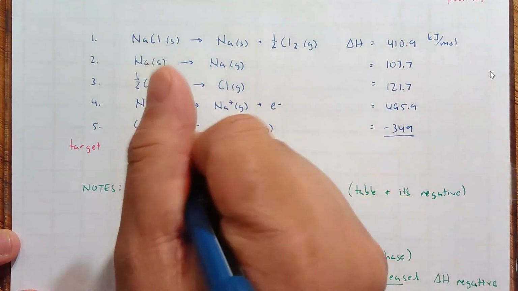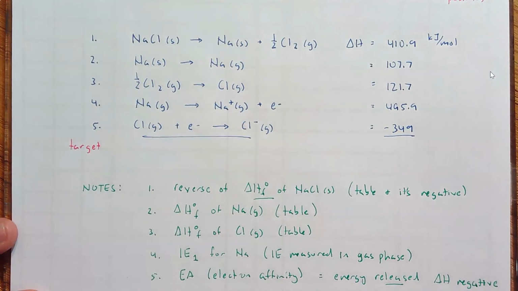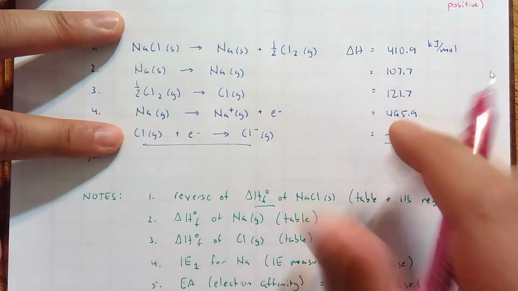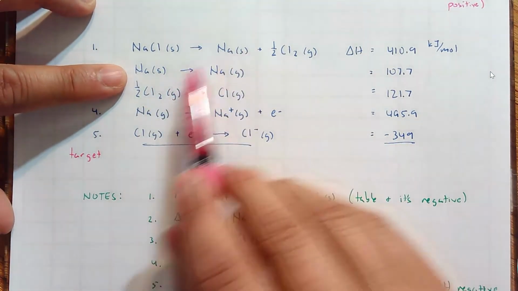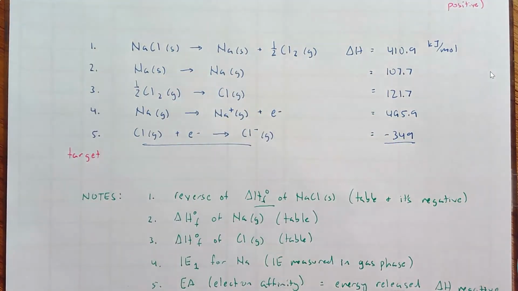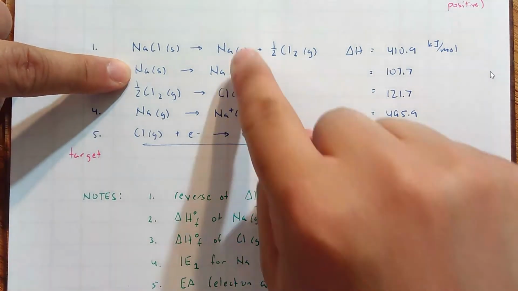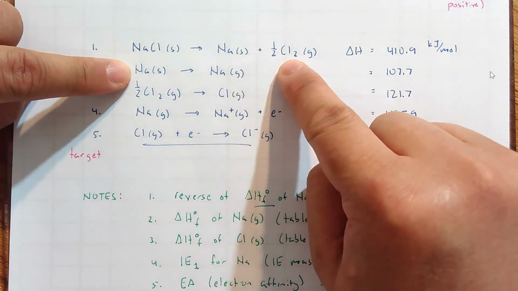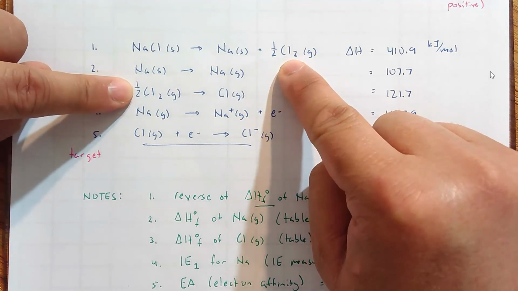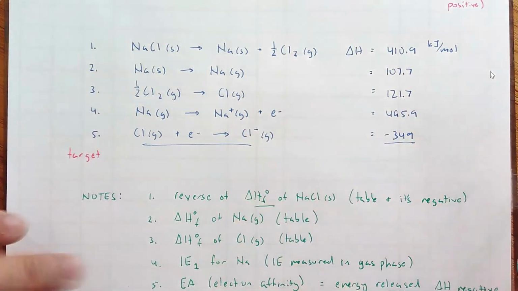If we add them all up, I want to leave this clean, but normally with a Hess's law problem, you will start canceling out things that are happening on both sides. But look, sodium, solid, okay? 1/2 chlorine, Cl2 gas. And you could go down the line.